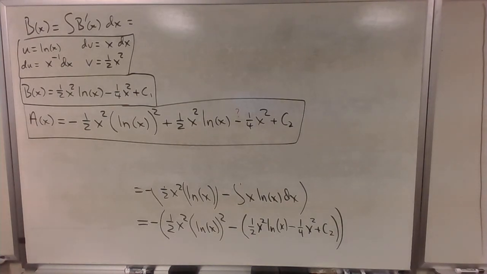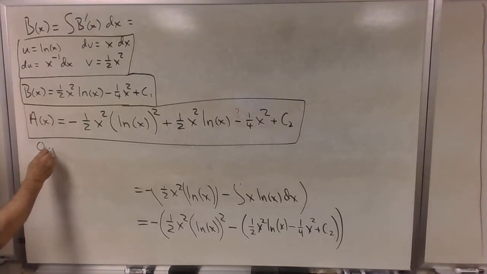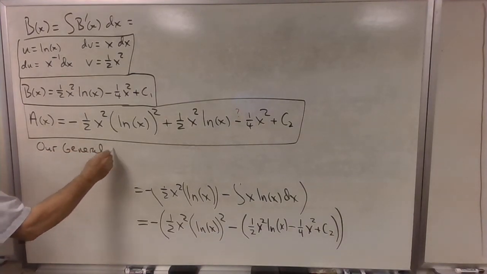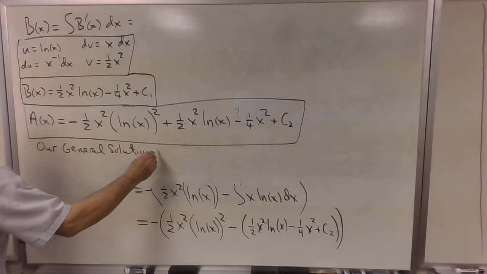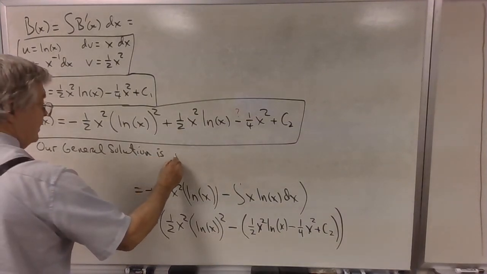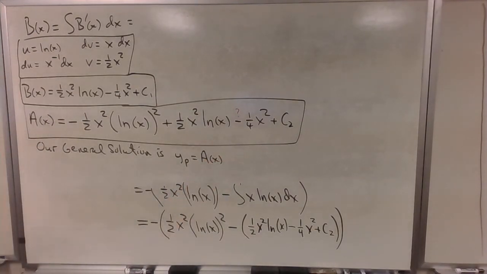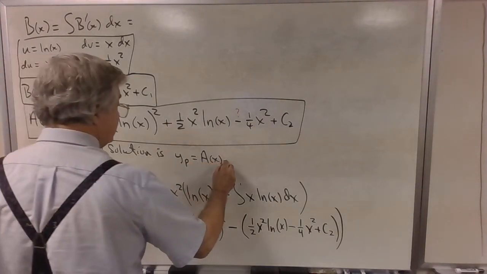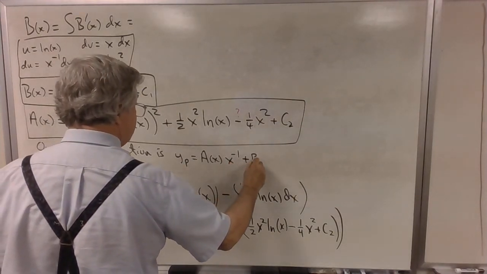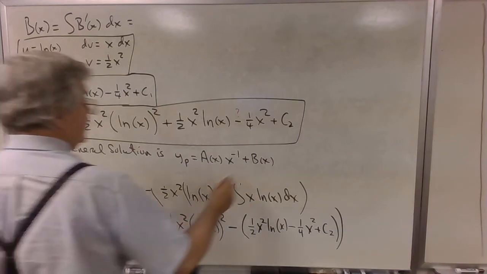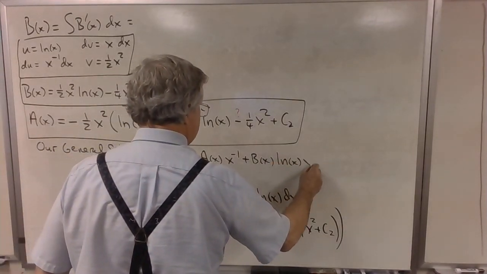Well, let's see what we get. Our solution is y particular equals a of x times x to the negative 1 plus b of x natural log of x, x to the negative 1.